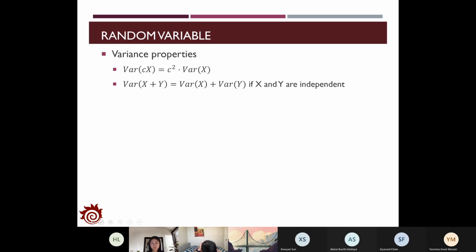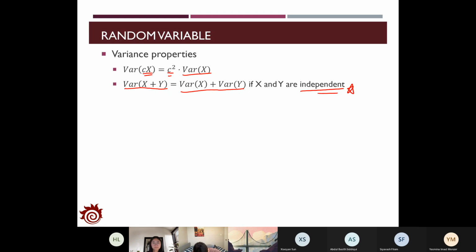And regarding the properties of the variance, for the product with a constant c, the variance of cX will equal c squared times the variance of X. And for two variables X and Y, the variance of X plus Y most of the time is not equal to variance X plus variance Y, but this equation holds only when X and Y are independent of each other.